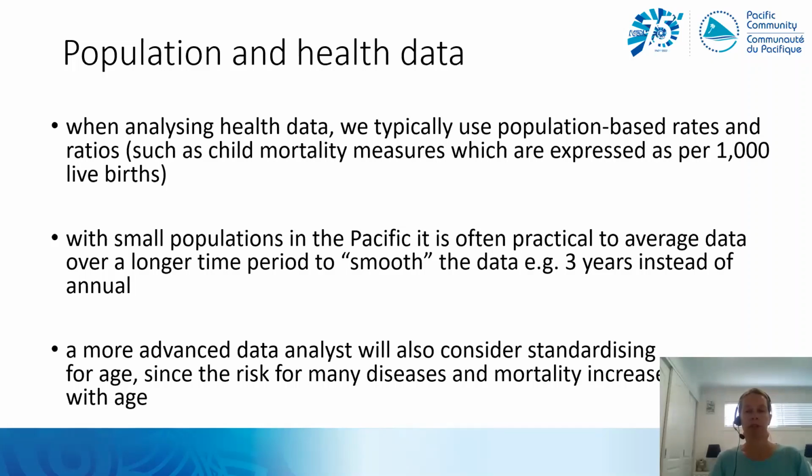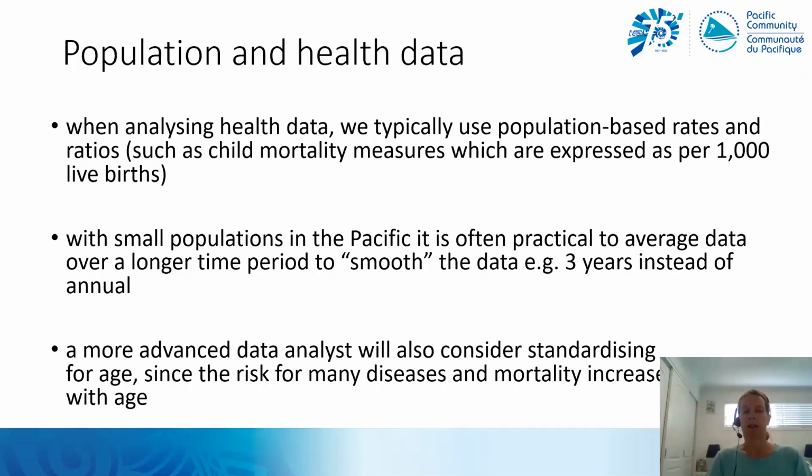So for those small events or rare diseases, we often look to combine annual data over a longer time period, 2, 3, up to 5 years. And that means instead of having very erratic rates over time, we get something that's actually more meaningful and more useful for policymakers.